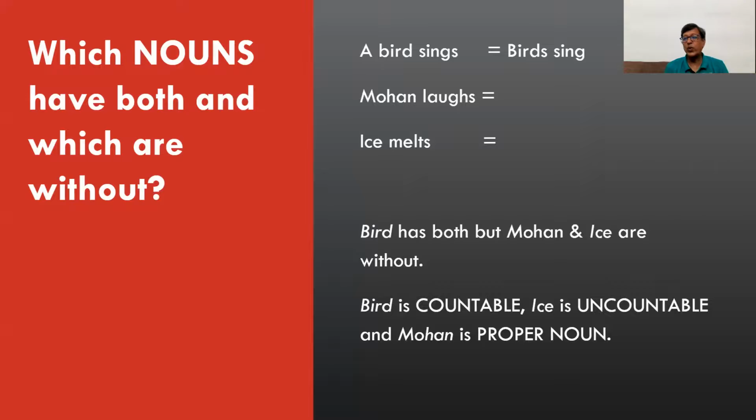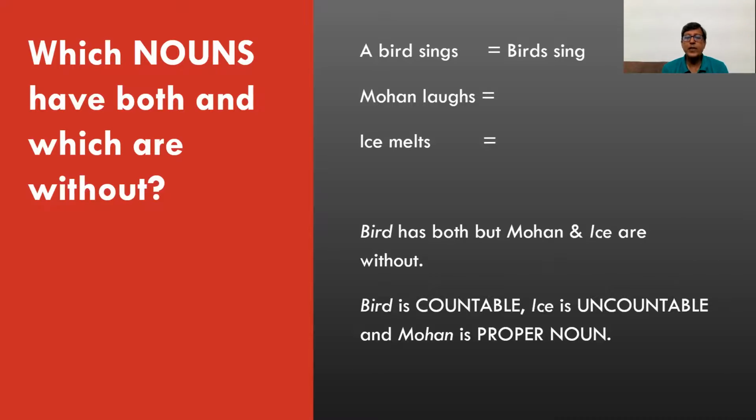I don't want to, first of all, tell you the jargons or the difficult terms. So again, the examples. A bird sings, of course, birds sing. The same examples are there, and Mohan laughs and ice melts. So bird has 2 forms, but Mohan and ice are having only one form each, as we know.